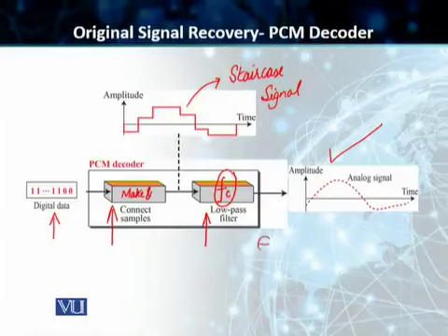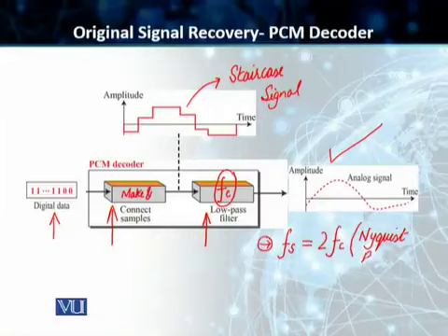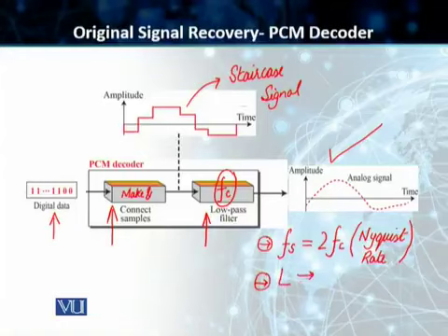The first thing is your sampling frequency should be at least twice the frequency of the original signal, and this is nothing but your Nyquist rate model. Number two is the number of quantization levels.